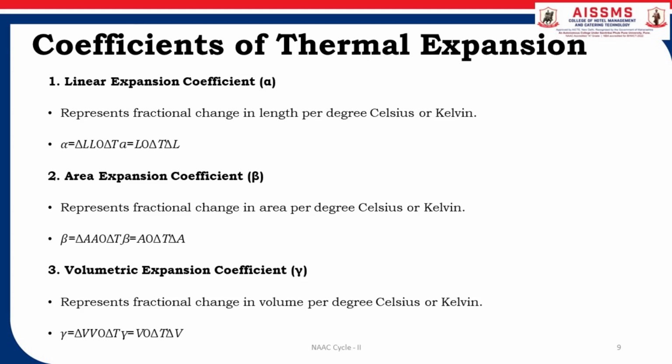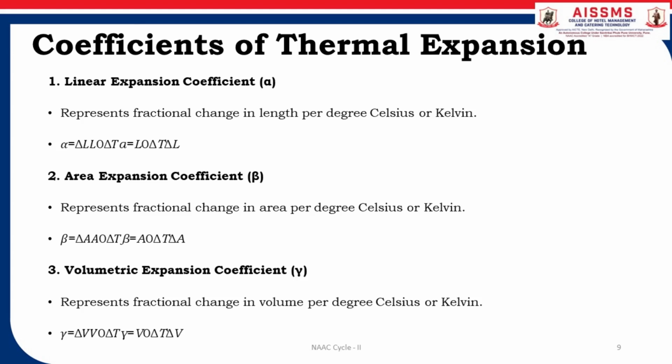It is less commonly used than the linear expansion coefficient, but can be relevant for two-dimensional material, where beta is the area expansion coefficient, delta A is the change in the area of the material, A naught is the original area of the material, and delta T is the change in temperature.